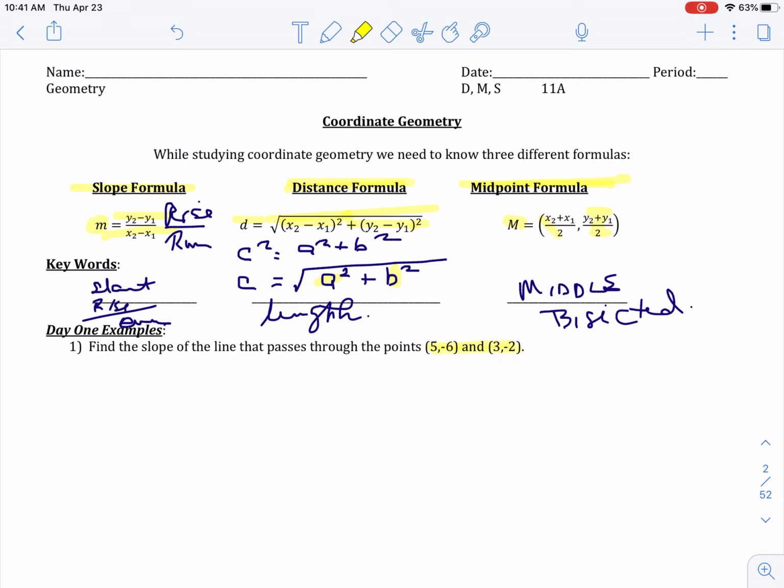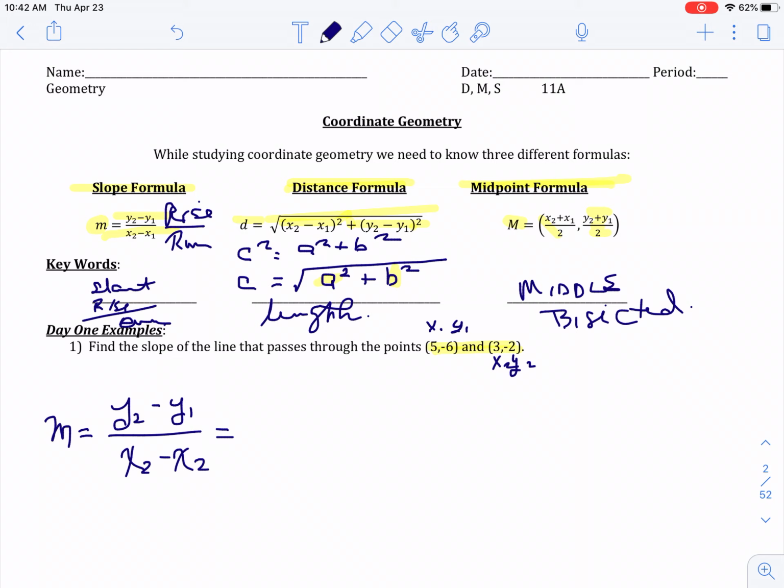All right, so let's use the formula. Slope equals the difference of the y's over the difference of the x's. Okay, so I have x1, y1, x2, y2. Either one can be 1, either one could be 2. It doesn't matter which one because the slope will be the same.